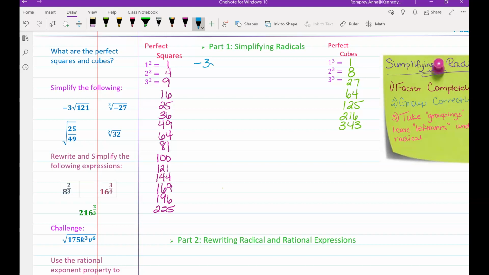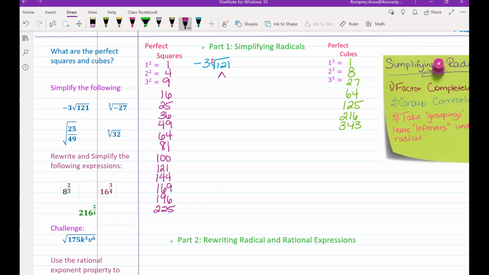Our first expression is -3 root 121. Now, again, I don't have an index, so there is an implied 2; this is a square root. You could solve this super fast if you know what the square root of 121 is. Square root of 121 is 11. If you didn't remember that, then you could go ahead and factor.